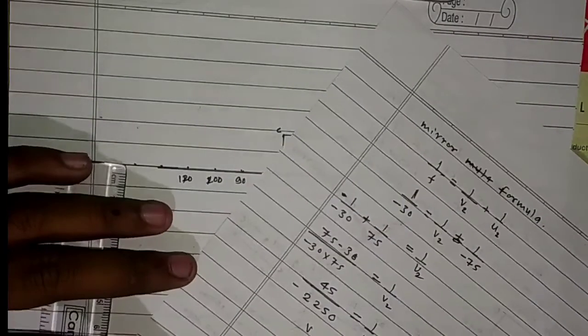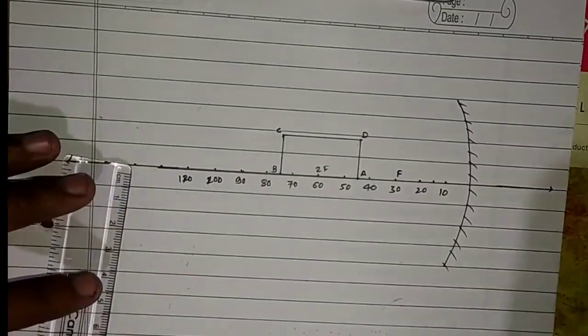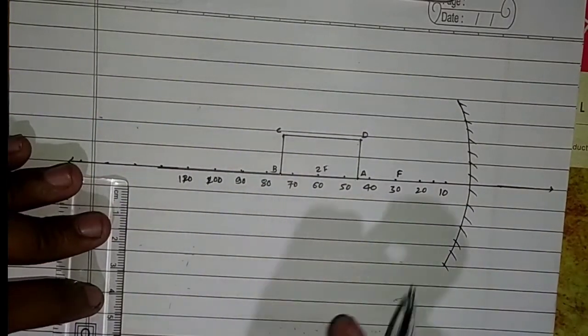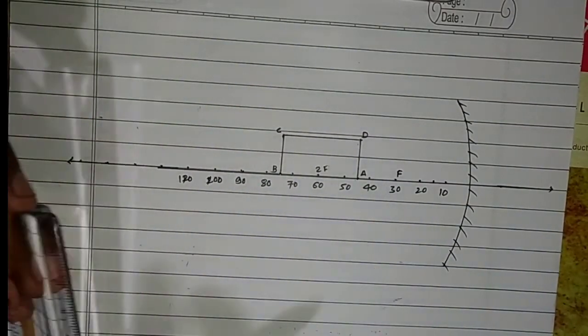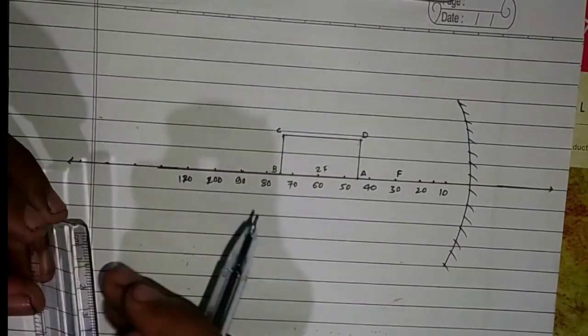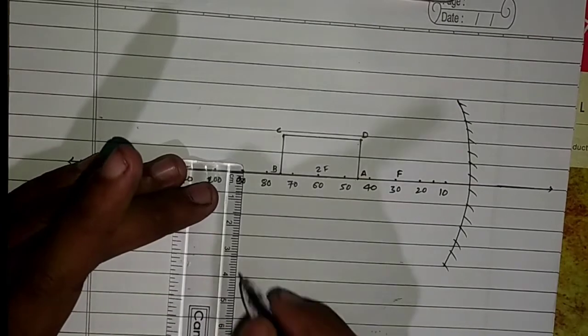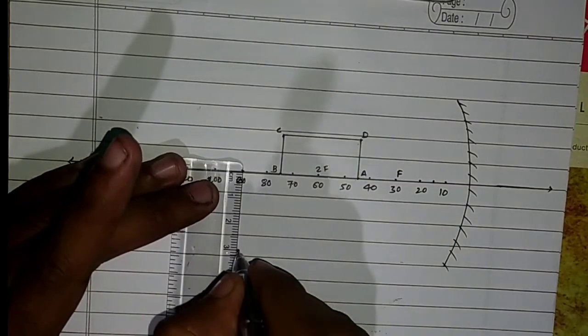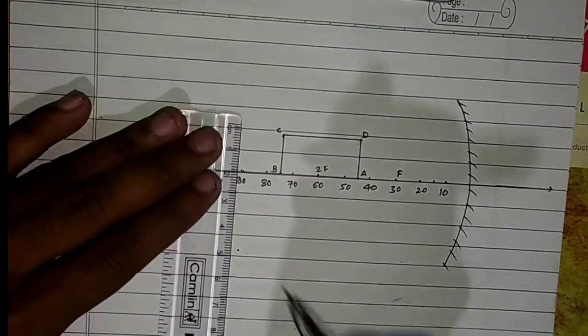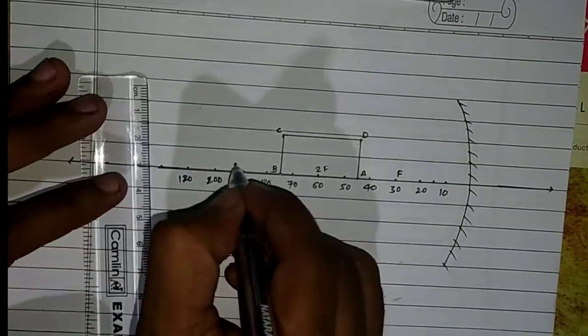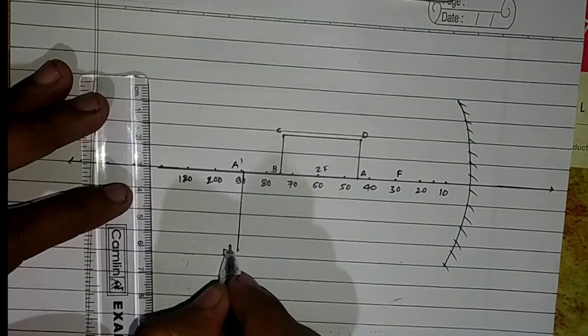And the height for that side is -6. I have taken 1 centimeter for the height, 1 centimeter equal to 5, so for this 6 I need to take the value 3. Here you get this side, A' and D'.